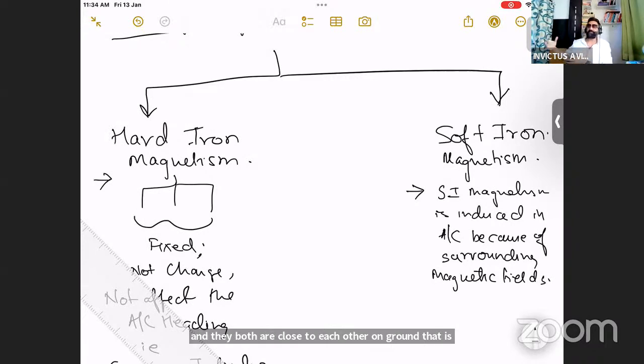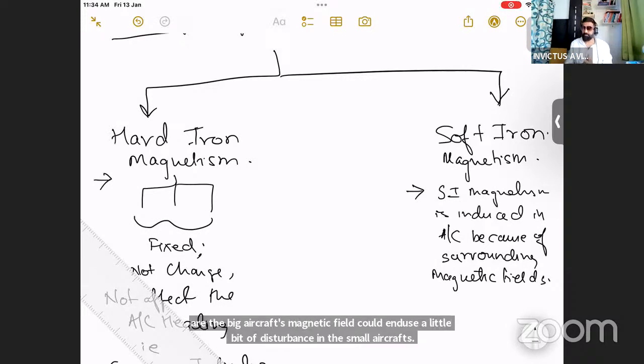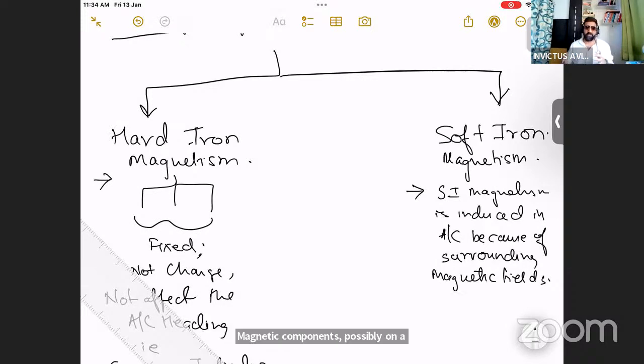A few meters difference is as much as the aircraft could be separated. Chances are the big aircraft's magnetic field could induce a little bit of disturbance in the small aircraft's magnetic components, possibly on a rare occasion. I would not say that will not be possible. But when aircraft are flying, it will not happen. Generally, it is very least likely to happen, is what I would say.